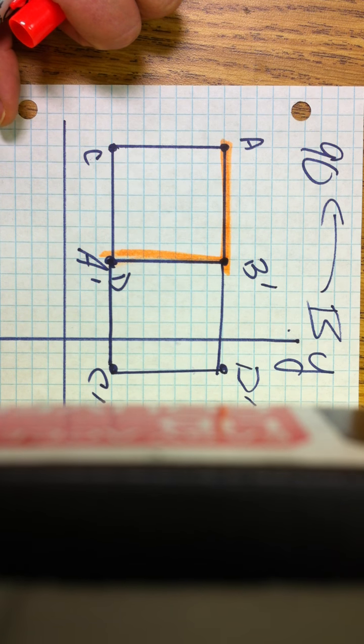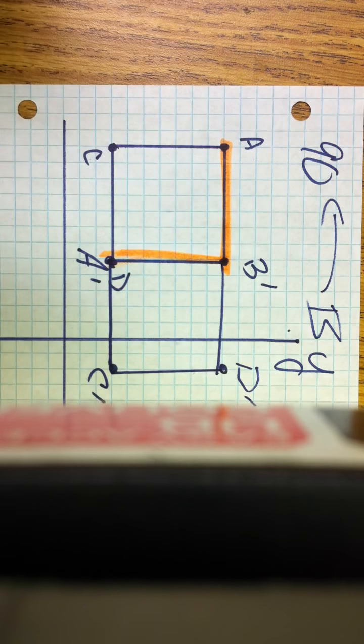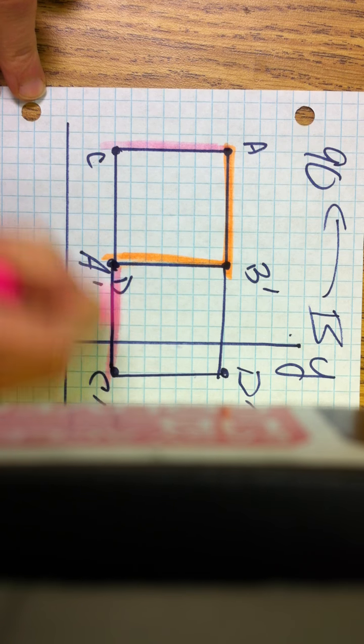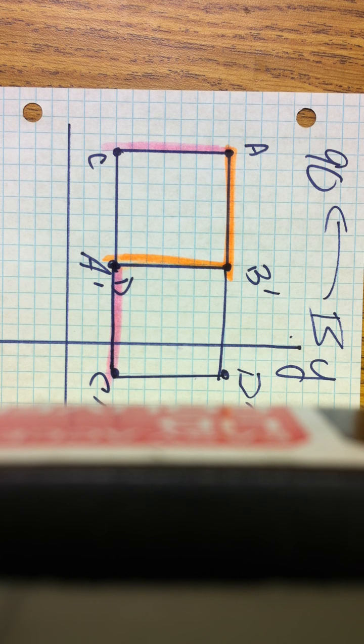And you can always just double check and see that another side, like my original side AC right here, also forms a 90-degree angle with the newly rotated side AC. So I know that I've rotated it correctly.